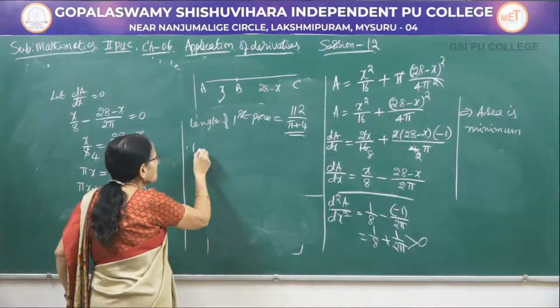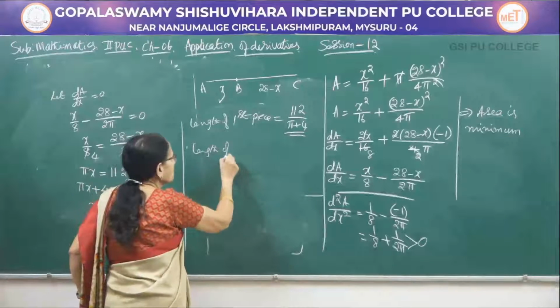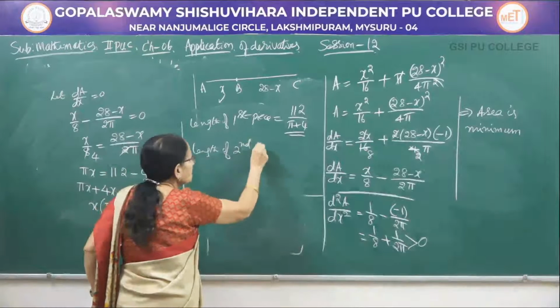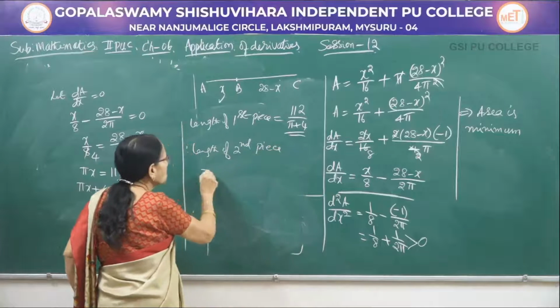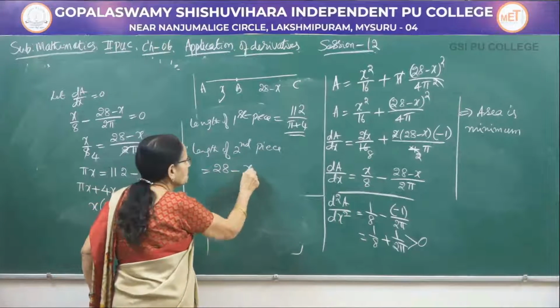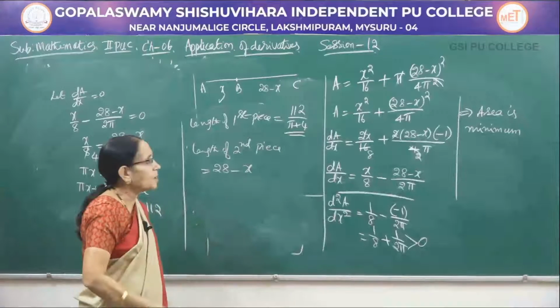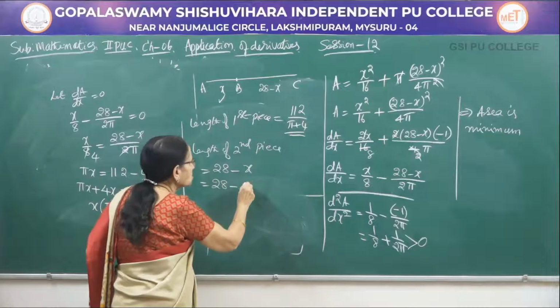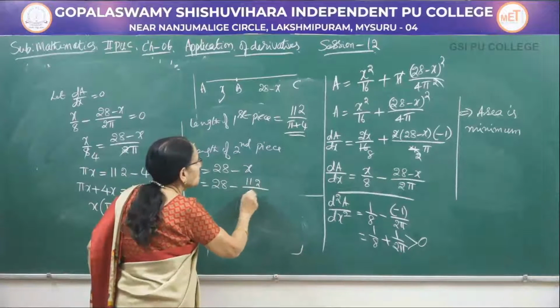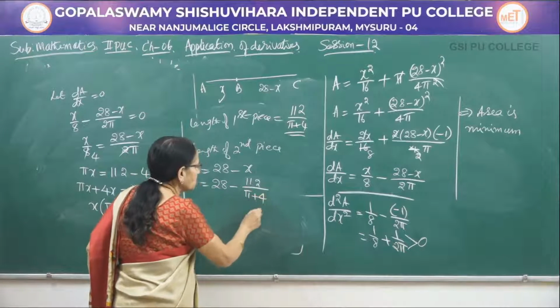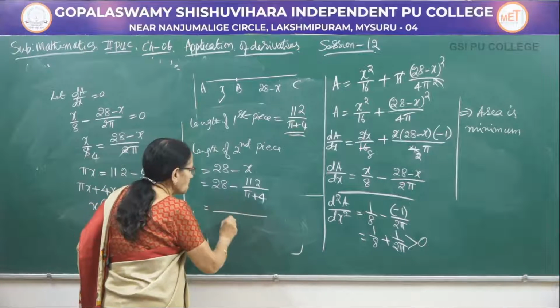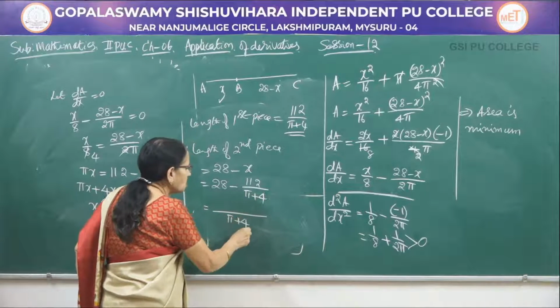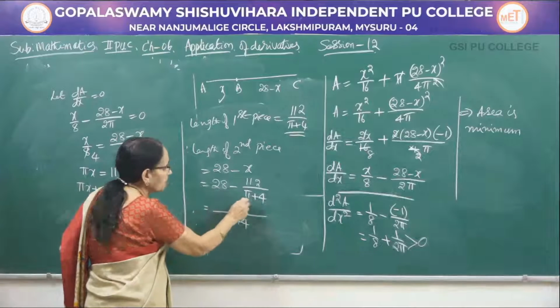Hence, the length of the second piece is equal to 28 minus x, because the total length was 28 meters. Now 28, what is x? You write 112 divided by pi plus 4. Now taking the LCM pi plus 4, 28 into pi plus 4.